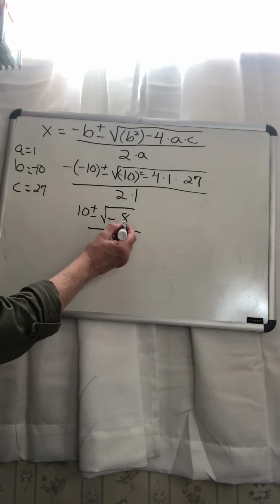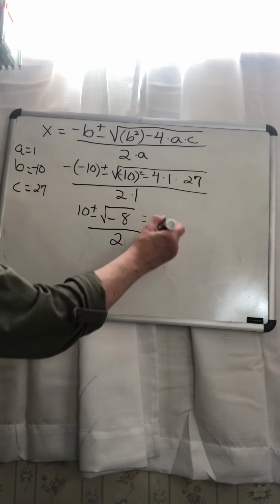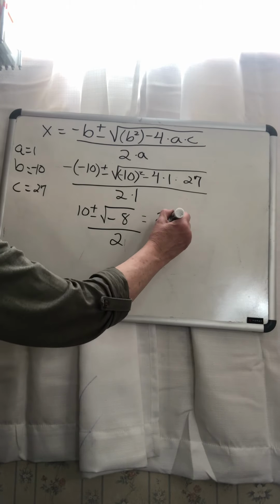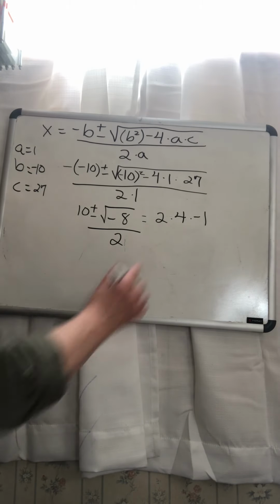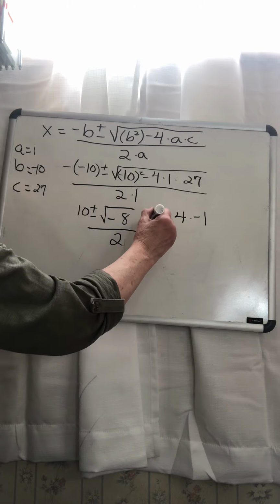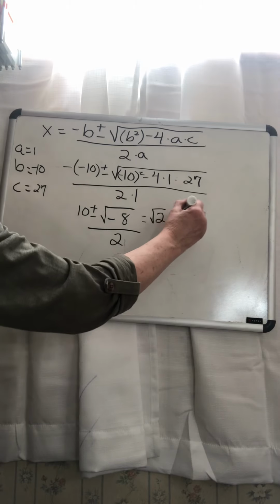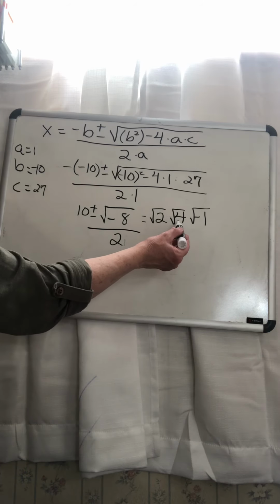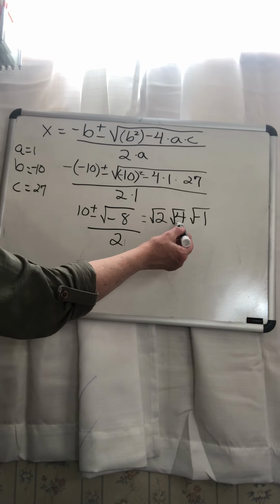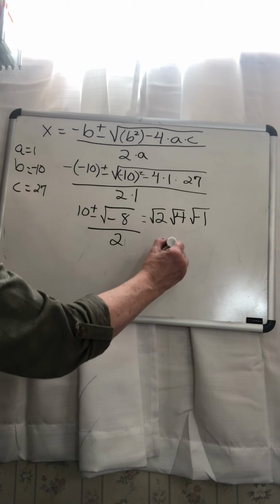So with this negative 8, we're going to go ahead and factor it. So we get 2 times 4 times a negative 1. And so if we were to separate and factor that, the square root of 4 is going to be 2. So we've got 2.